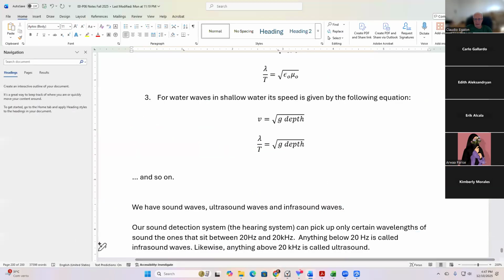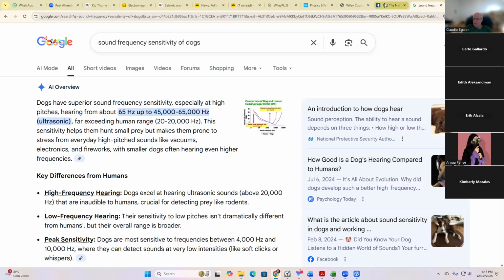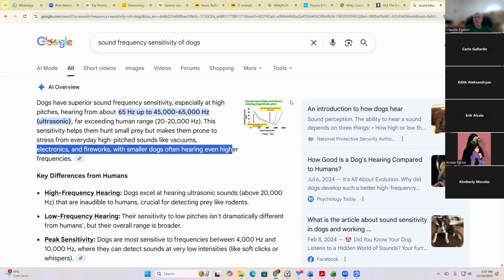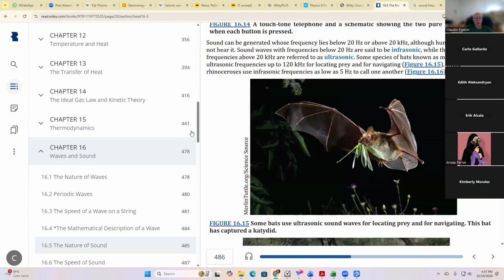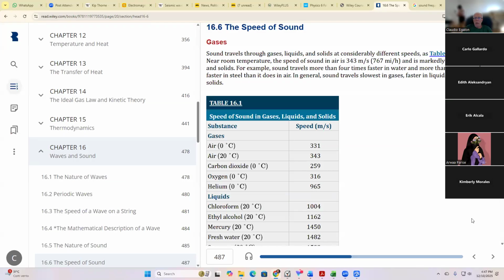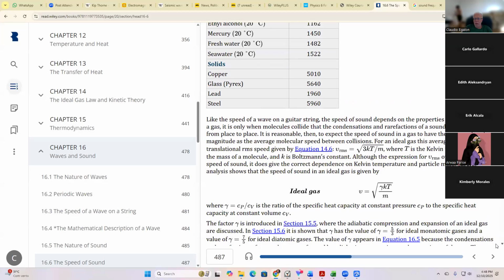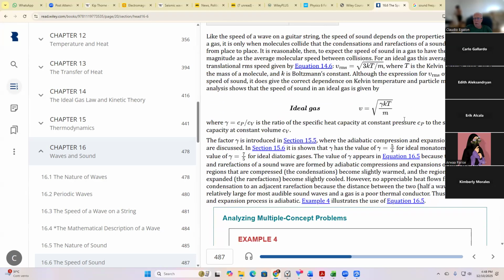That's almost time for our break. 11:45. Let's take a look here at the book. The speed of sound. Oh yeah, you gotta know the speed of sound. That's the equation.